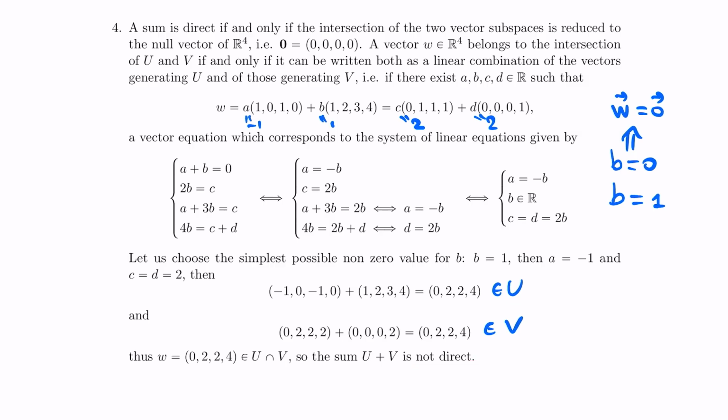Notice that in these 4 exercises we have tested your knowledge about the 3 different kinds of vector spaces that we have discussed. That is, the Cartesian power of the field R, the vector space of polynomials, and the functional spaces. Then we have also tested your knowledge about the concepts of linear combination, span, linear independence, basis, direct sum of vector subspaces, and how to transform a vector equation into a system of linear equations.